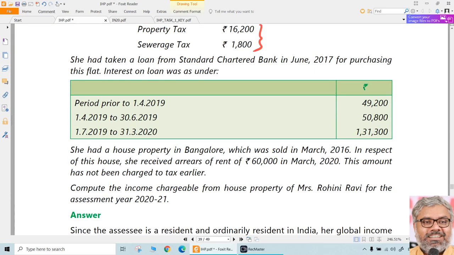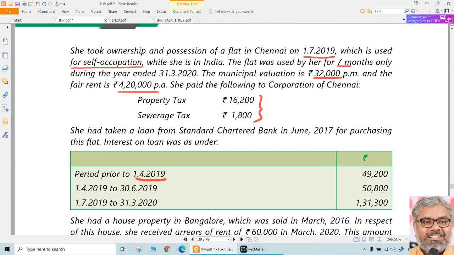But what matters definitely is this: she has taken a loan from a bank, and interest on the loan is like this. Period prior to 1/4/2019. Prior to 1/4/2019 means the pre-construction period ends definitely on 31st March 2019, because construction or possession happened on 1/7/2019.